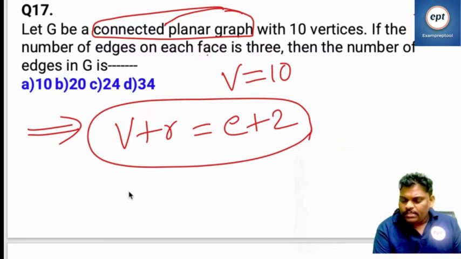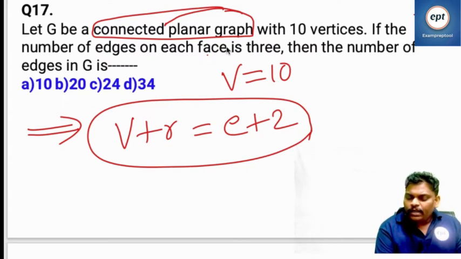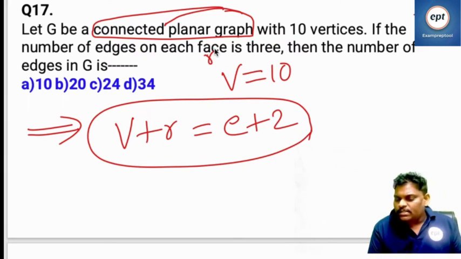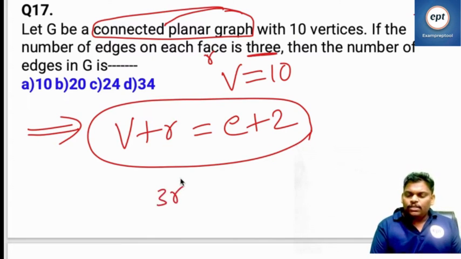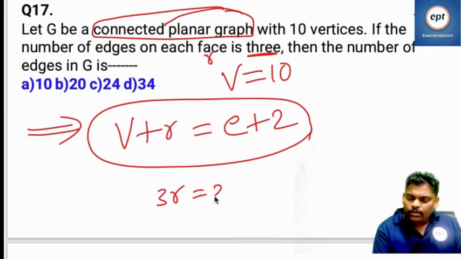Sum of degrees theorem: the sum of degrees of regions is equal to 2E. Face means region. If the number of regions is R, every region degree is 3, so 3R is equal to 2E.